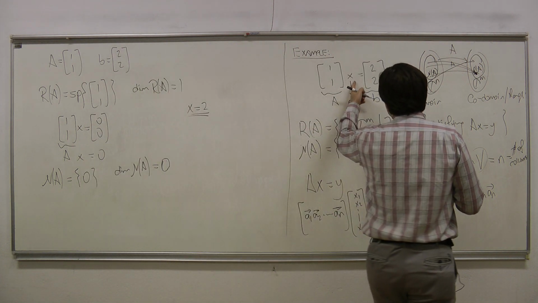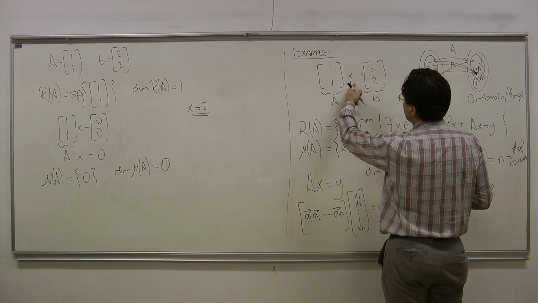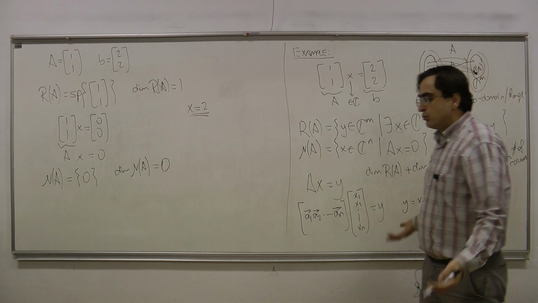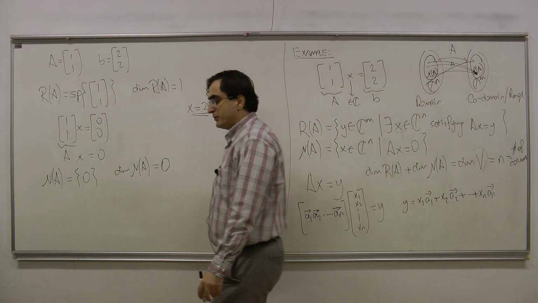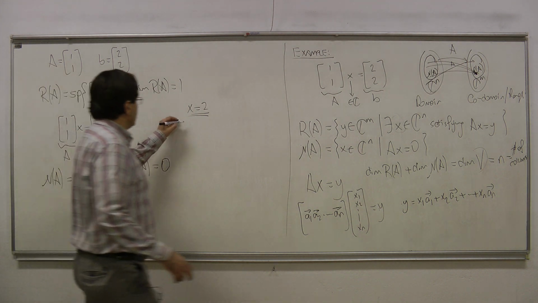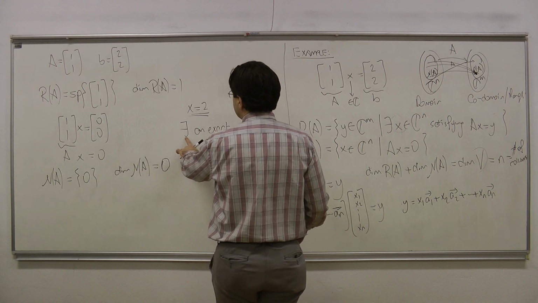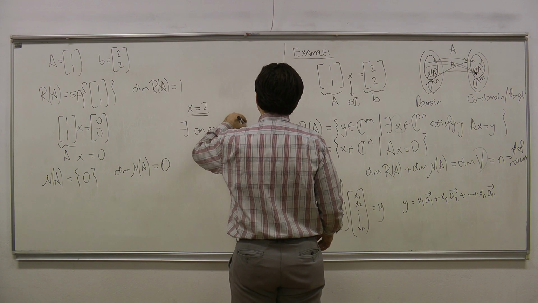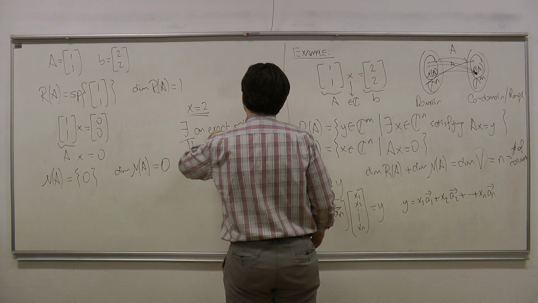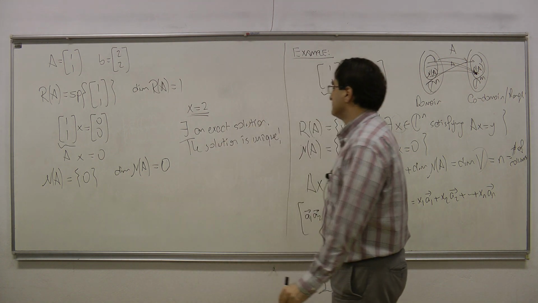Try to look for another x value other than 2 which would satisfy this equation. And you see that you won't be able to find it. And as a result, there exists an exact solution, and this solution is unique.